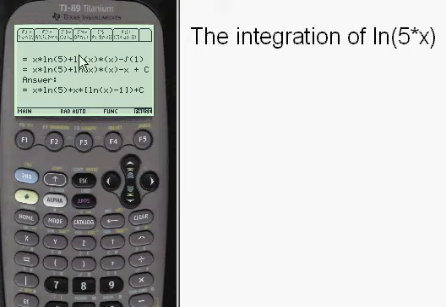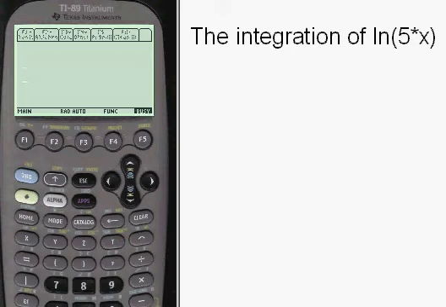And we do the integration of 1, which is x. And then we find the answer, x times log of 5 plus x times log of x minus 1. Now we've factored out the x here from this equation up here. Pretty neat, huh?